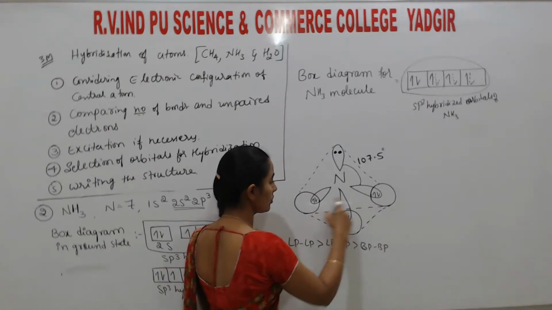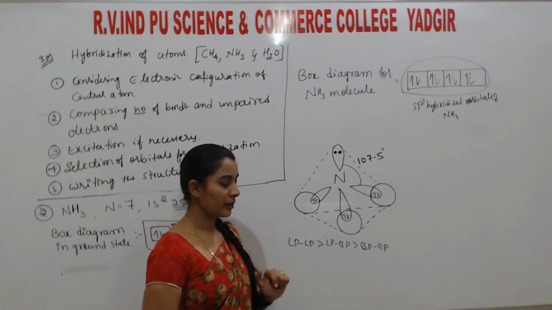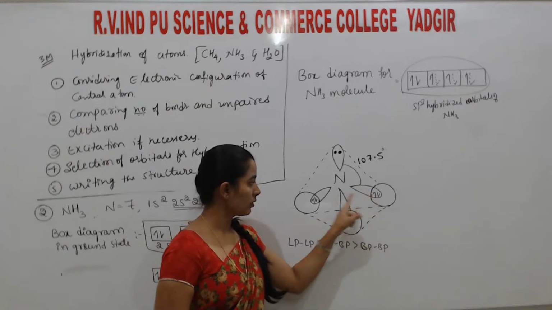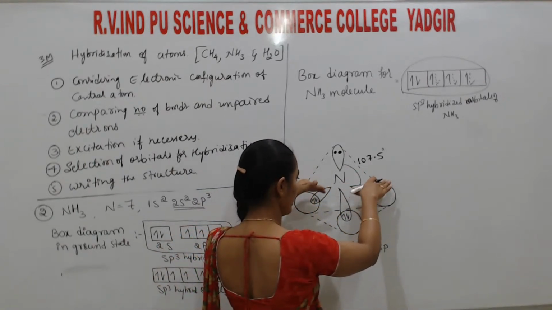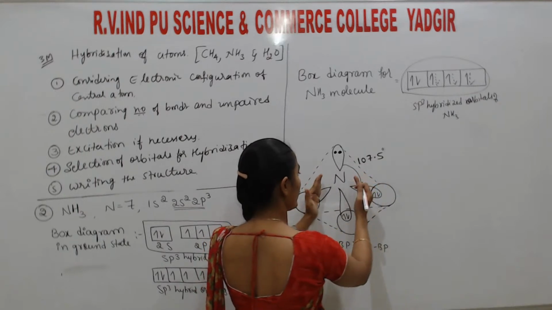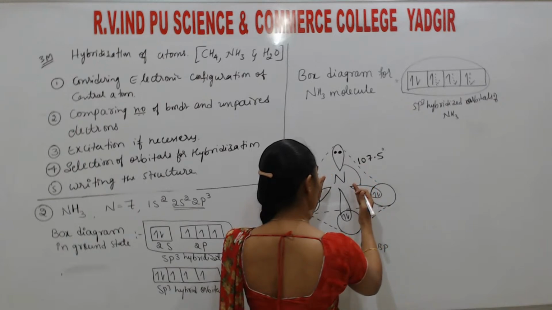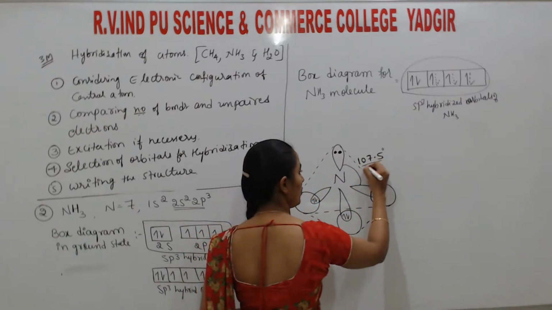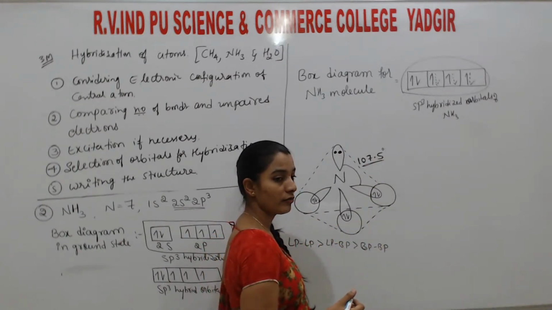So students, these are bond pairs, so there is less repulsion. But here a lone pair is there, and these two are bond pairs. Then what happens? The structure is like this at 109 degree, but they get distorted like this because of the repulsion, and the bond angle decreases from 109.5 degree to 107.5 degree.